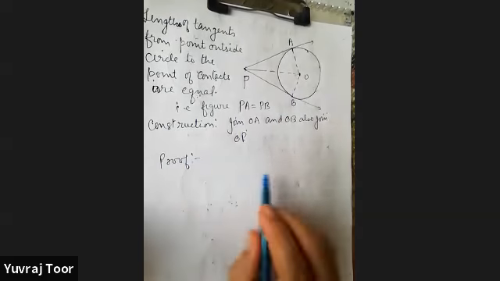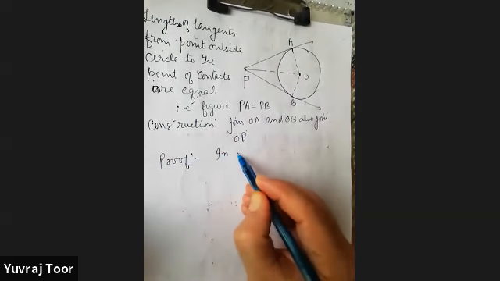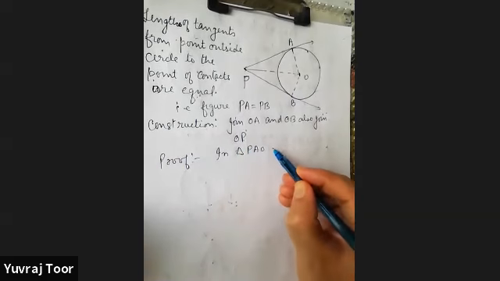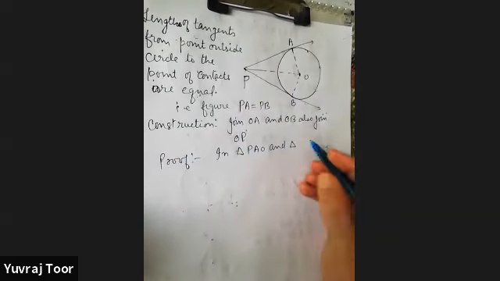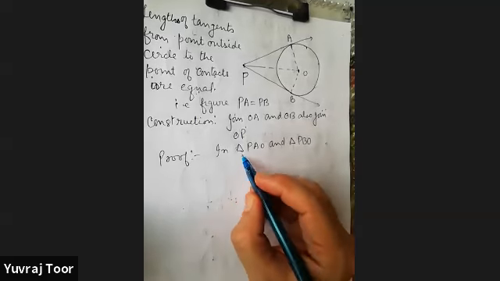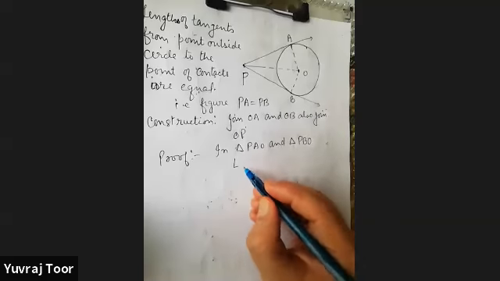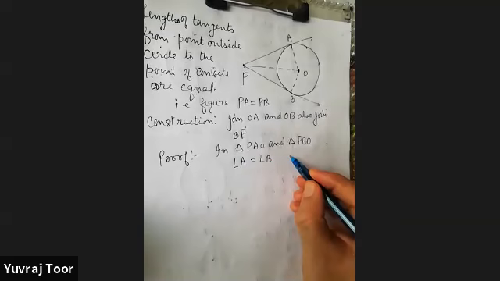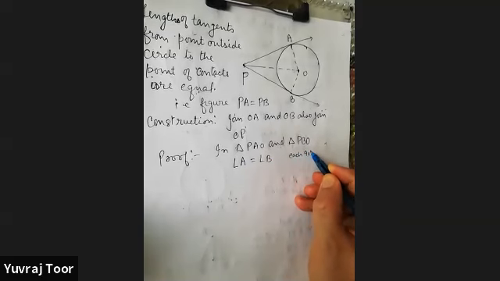What's the proof for this? In triangle PAO and triangle PBO, angle A is equal to angle B, each 90.